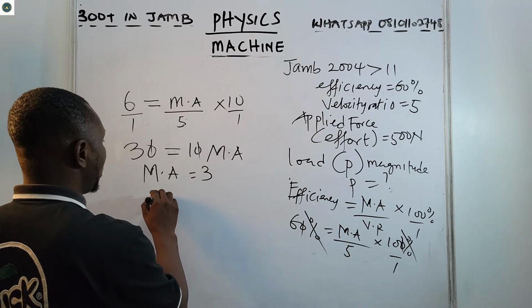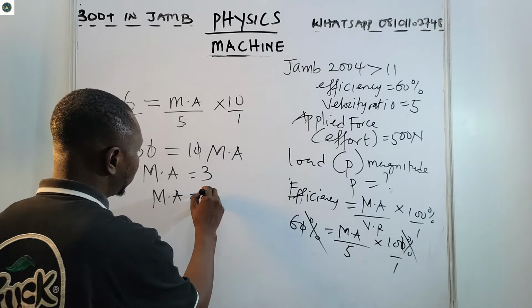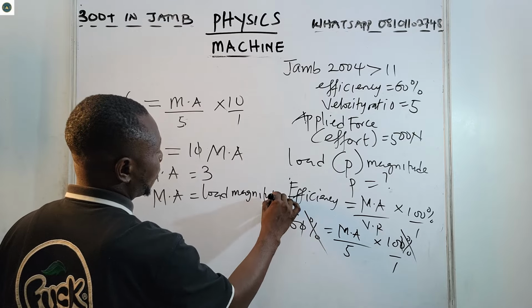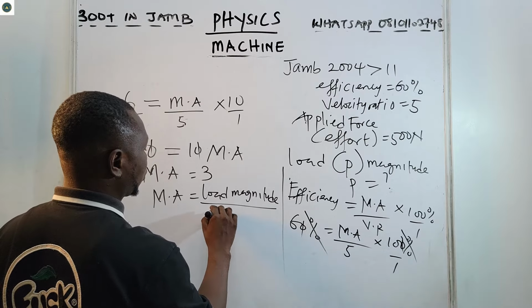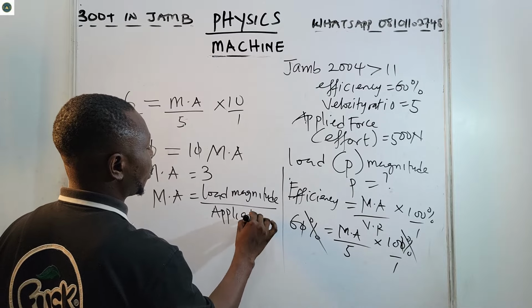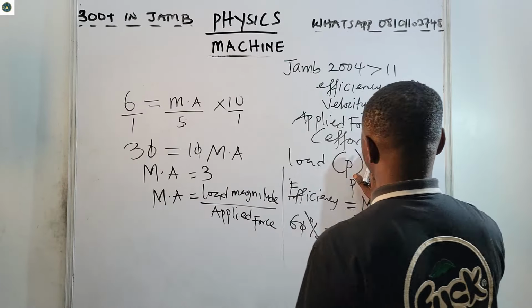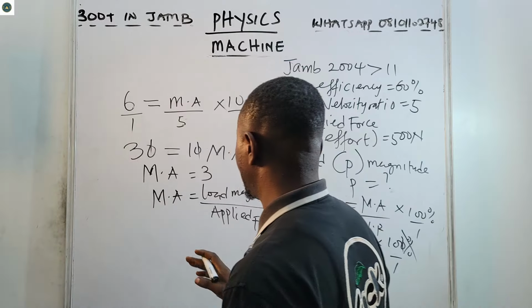So the mechanical advantage is 3. We know that mechanical advantage is load magnitude over applied force, and this applied force is our effort. We have an effort of 500 Newton.